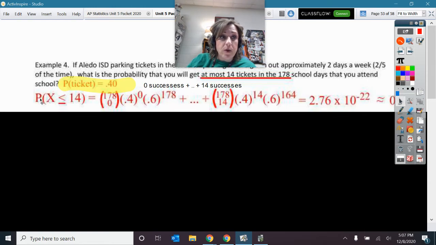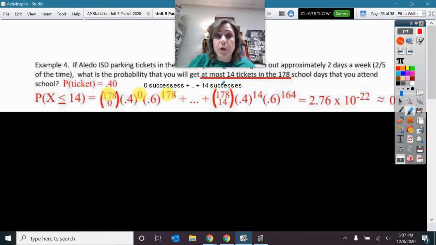Probability that x is less than or equal to 14. So here I have 178, 0 successes, 40%, and I want 0 of those. So 0.6, that would leave 178 of those because remember that our failures plus our success is our total. Okay? All right, plus dot, dot, dot.